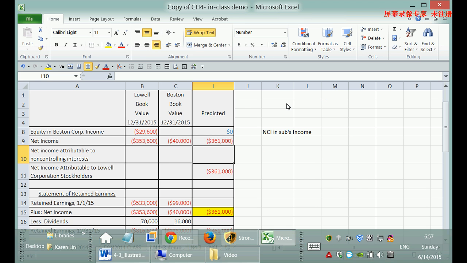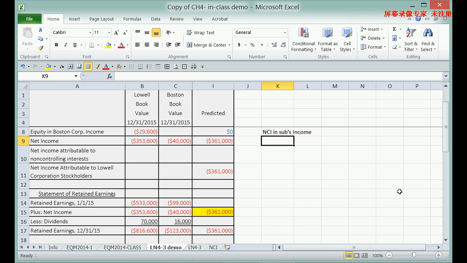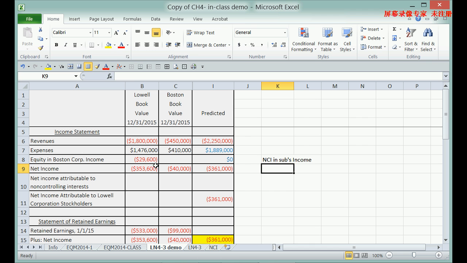So it's basically the net income of the subsidiary. This is a negative number, so I add the minus sign before, just to make it positive. And then minus the amortization 3,000. Okay, and this would be 100% of the subsidiary's economic income multiplied by 0.2. So that's 74,000. So we predict this to be 74.